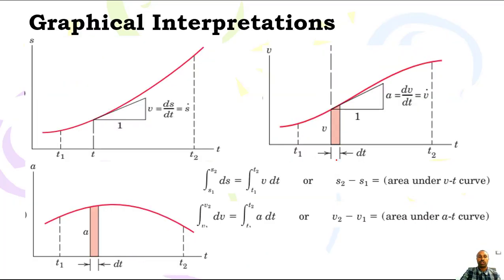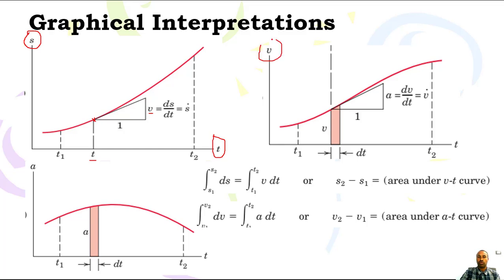So, graphical interpretation. If you are given s versus t, then you have the distance curve. If you differentiate it, the slope of this distance curve at any point, or the tangent at that point, will give you the velocity at that time t.